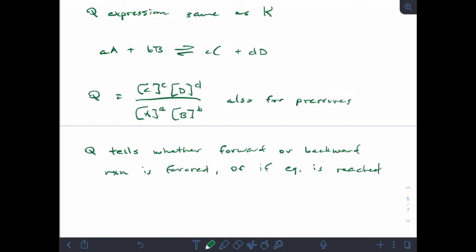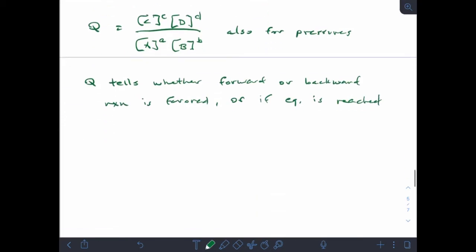Okay, so what we do in order for Q to tell us this is that we compare Q to K.